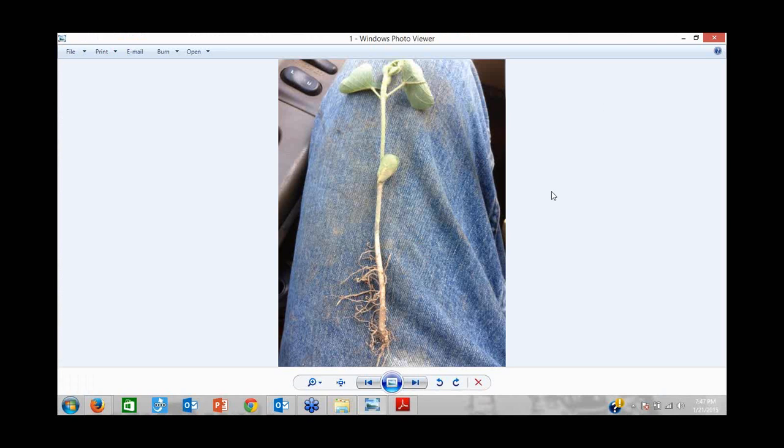We decided at the second and third trifoliate we wanted to pull some samples, one to check root growth and plant development, and also early nodulation. The first picture you're seeing on your screen here is the Optimize. We'll just scan through a few pictures here.